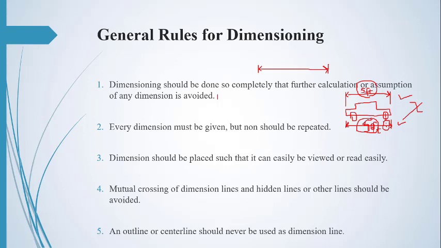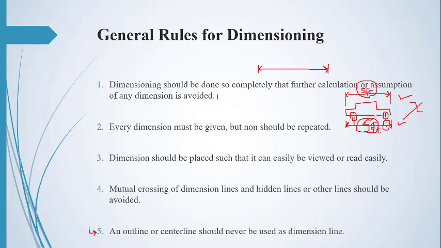An outline or center line should never be used as a dimension line. This fifth rule says that the center line like this one, or an outline, should not be used as a dimension line.